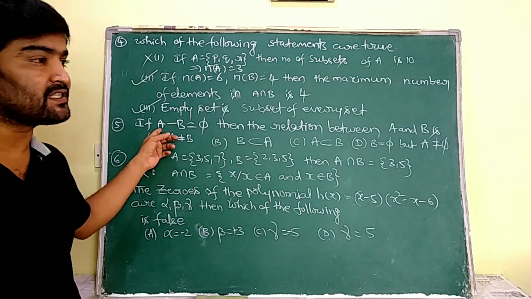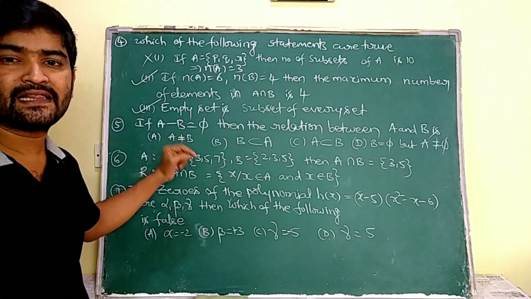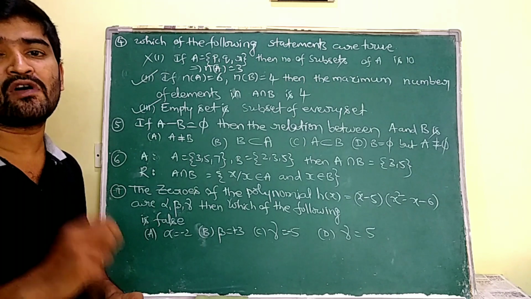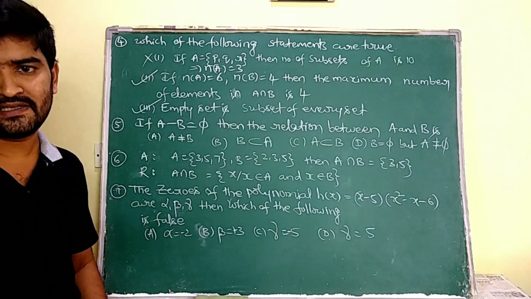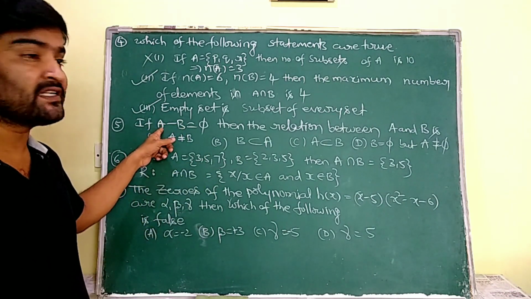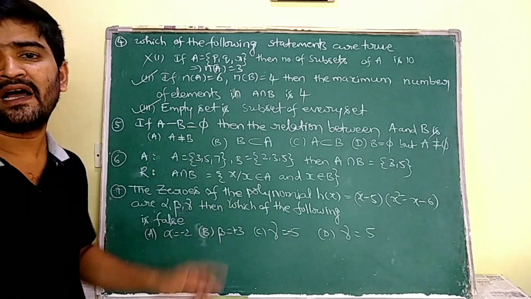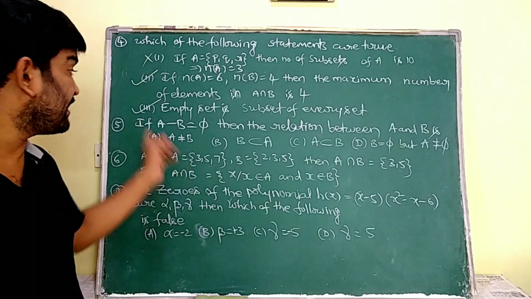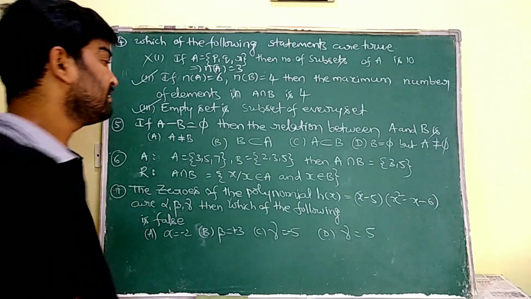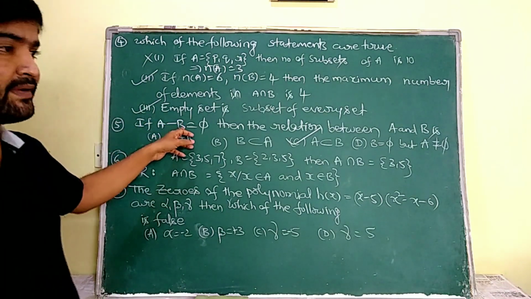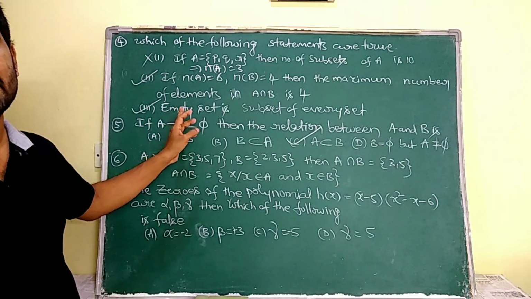If all the elements of A are present in B, then while finding A minus B, I have to remove all the common elements in both the sets. Then all the elements of A are removed, so in A I am not going to have any elements. So A minus B is phi.